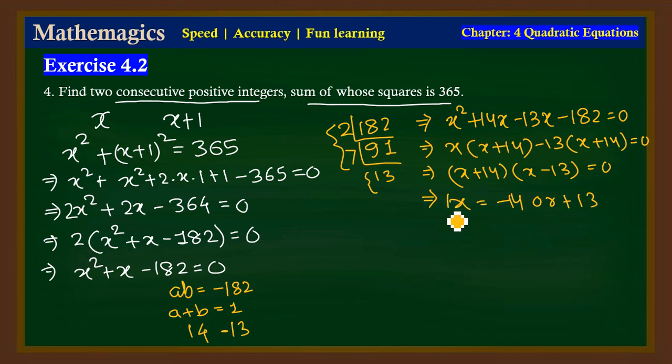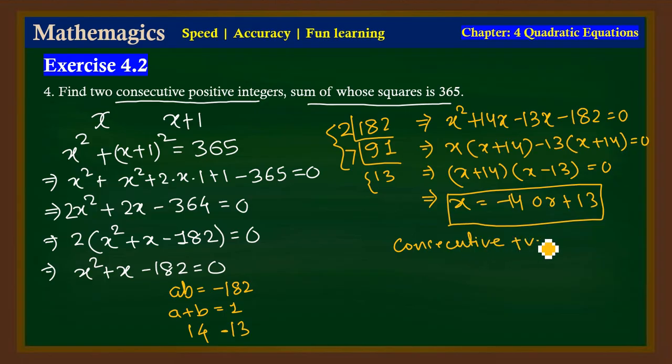So dear friends, we have two values of x and the question is saying find the two consecutive positive integers. So out of minus 14 and plus 13, the positive integer is 13 only. We cannot take 14. We will take 13 only because it is asking regarding positive integers.